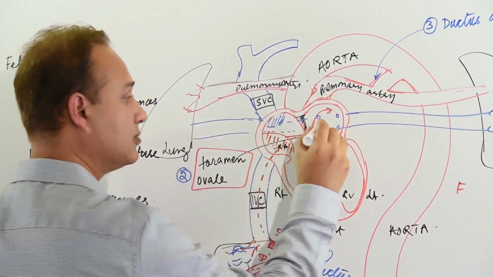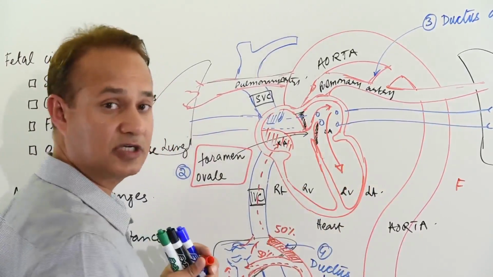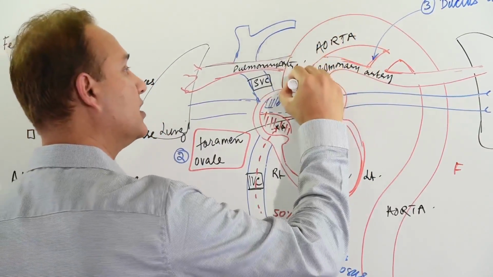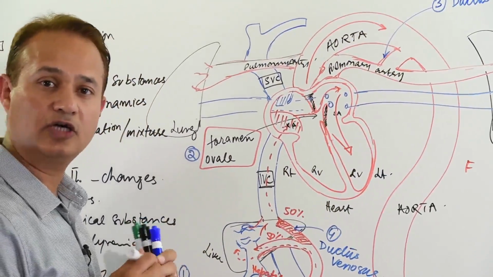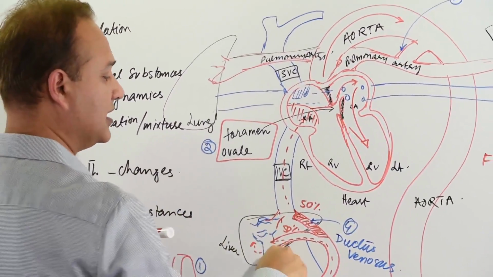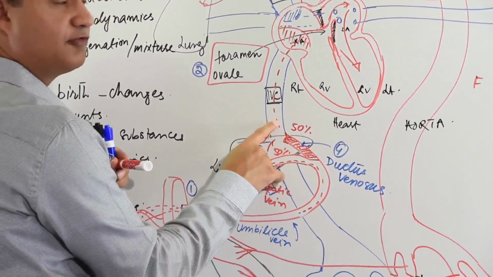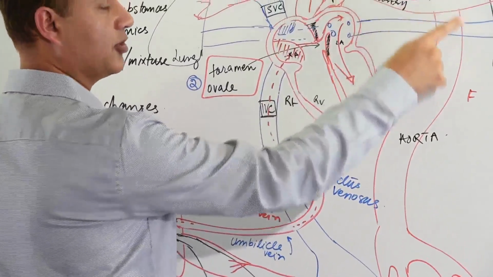From the left atrium, this blood would go, of course, into the left ventricle, and from the left ventricle through the aorta, it would go towards the body. So the body would end up receiving relatively oxygenated blood through this channel. What is that channel? Umbilical vein, ductus venosus, inferior vena cava, right atrium, left ventricle, and aorta.